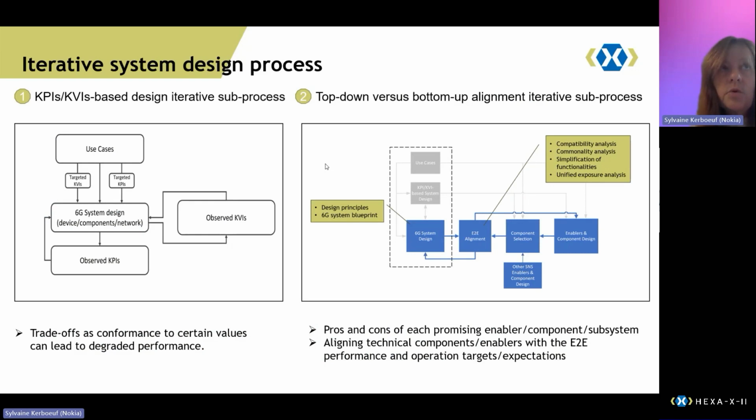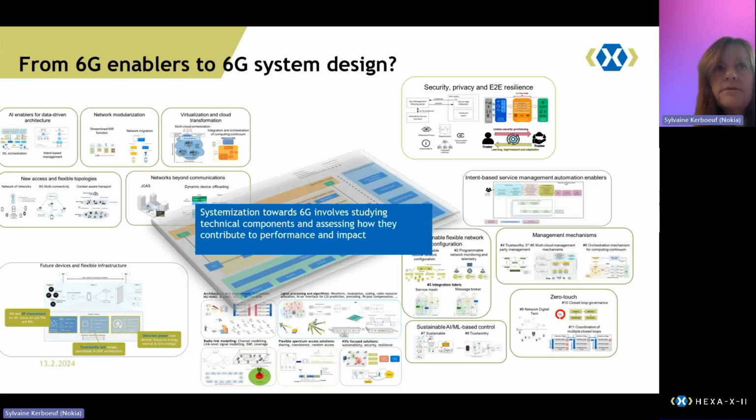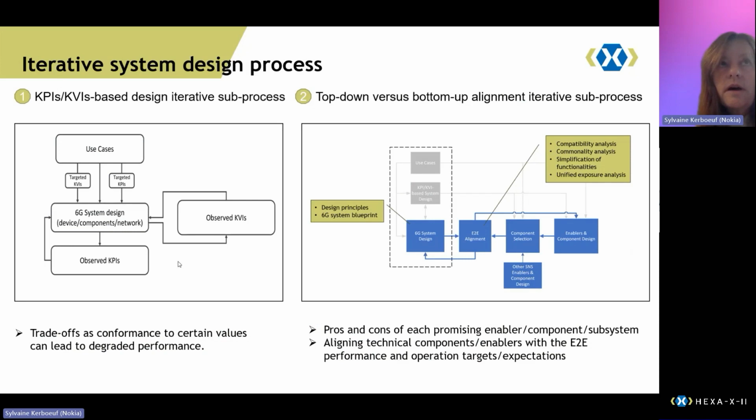For that purpose, since we will have, for example, in Hexa-X-II more than 100 enablers, of course we need to have a system design process. In Hexa-X-II, we provide an iterative system design because we will have more and more refinement, taking into account more and more KPIs and KVIs, and also more and more enablers. If we consider this iterative system process, it will be composed of two sub-processes.